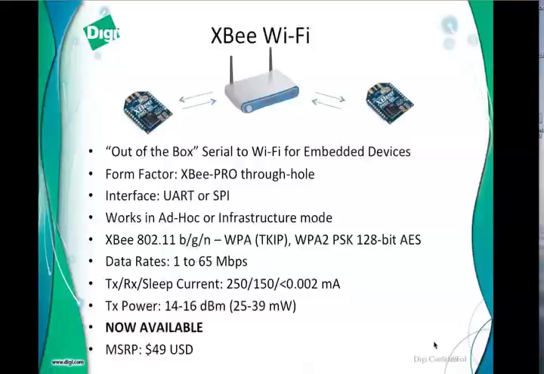It's the same size as an XBee Pro in the through-hole 20-pin format, and it can be interfaced both through its UART, direct serial, and through SPI on the board. You can set up networks in ad hoc mode to talk to other Wi-Fi XBees or other ad hoc devices, or it can also be configured in infrastructure mode so that it can communicate with a router just like your laptop does.